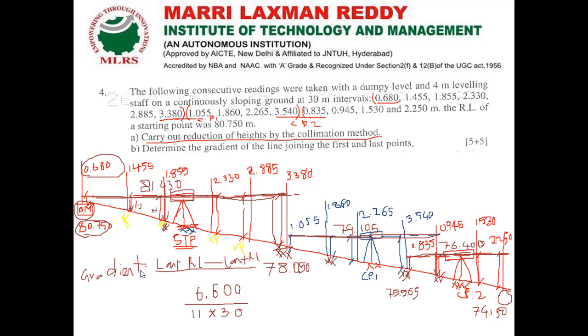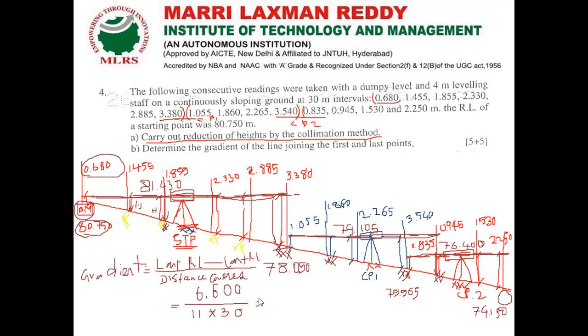That will give the gradient. So 6.6 divided by 11 into 30 gives 0.02.